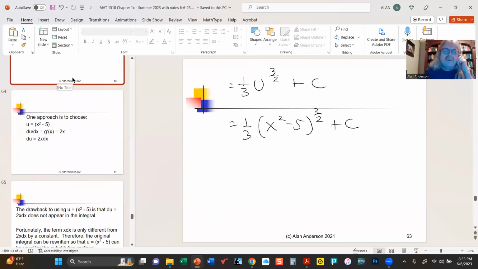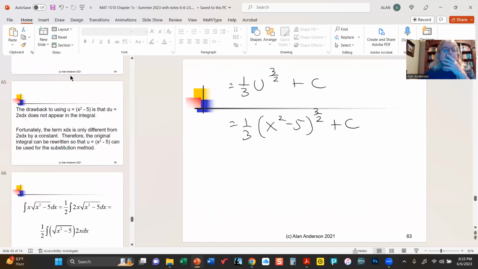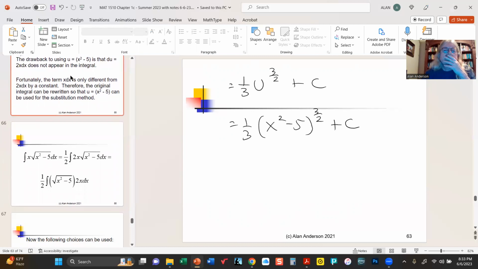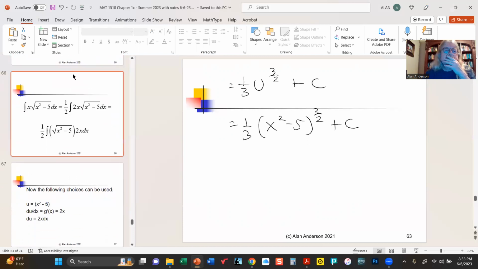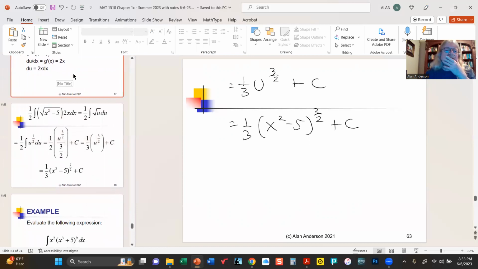Now, this will happen pretty frequently. I mean, the chances of you having exactly what you need are not great. I shouldn't say that, but it's not going to be that unusual that you're trying this technique and you realize that your du is just missing a constant.